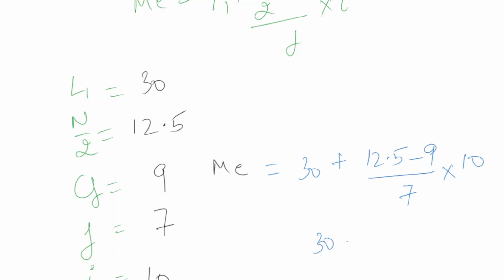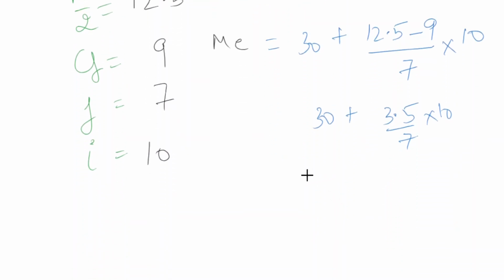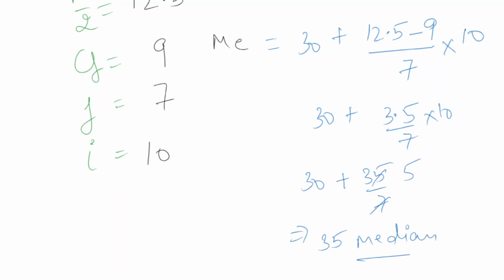So you are getting 30 plus 3.5 by 7 into 10, that is 30 plus 35 by 7, that is 35. So 35 is your median for this particular question.